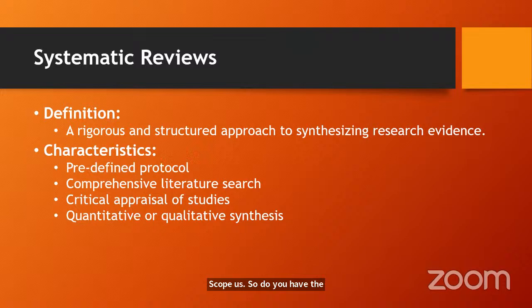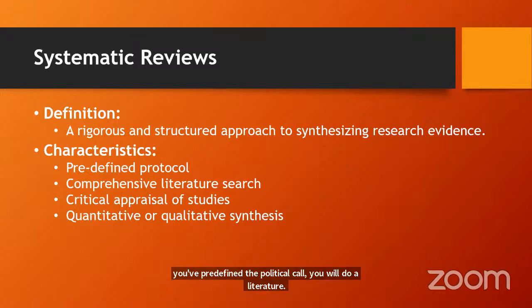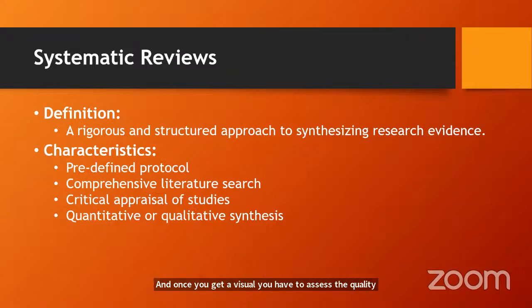Another characteristic is the critical appraisal of studies. That means you have to assess the quality and the relevance of each study. Another characteristic is the quantitative or qualitative synthesis. Once you predefine the protocol, you will do a literature search, and once you get a result, you have to assess the quality of each article.